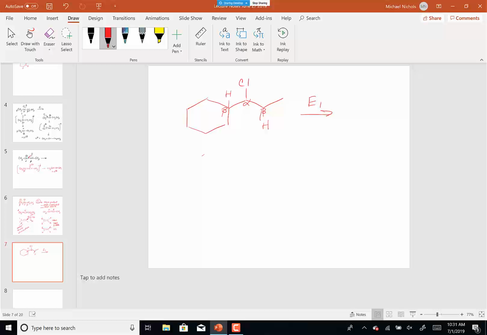So if I lose the left-hand beta hydrogen and the Cl, I'm going to form the double bond to the ring. If I lose the right-hand beta hydrogen, I'm going to form the double bond in the middle of the chain. If you want to call this A and B, if I lose beta HA, I get A. If I lose beta HB, I get B.